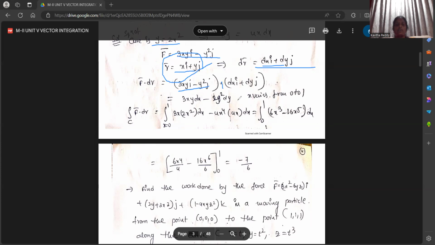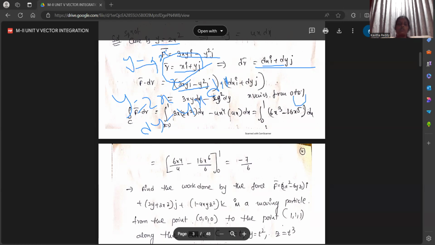Here y equals 2x², so in place of y we substitute 2x², and dy equals 4x dx. x varies from 0 to 1.